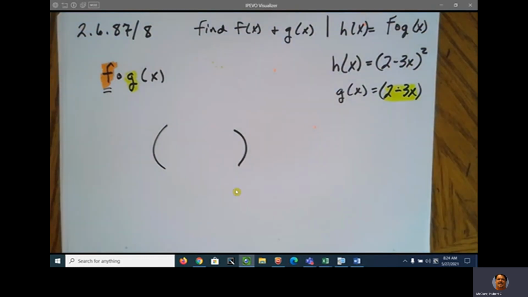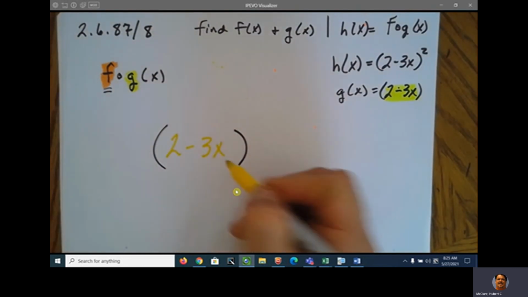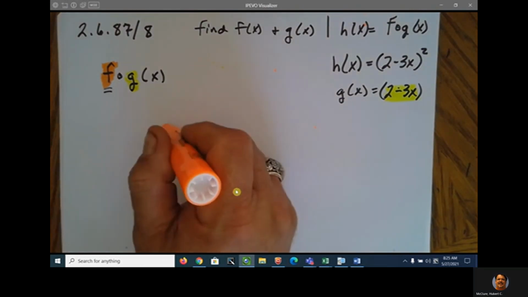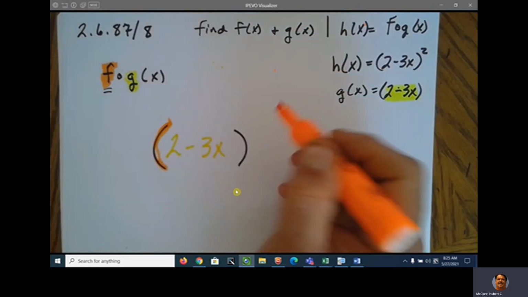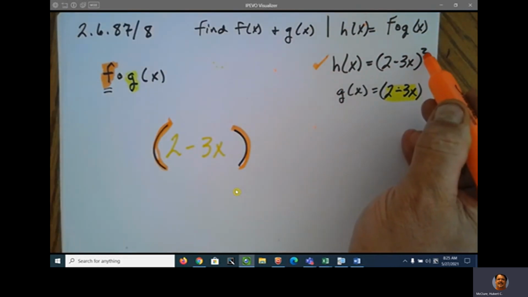Well, if I plug 2 minus 3x in here, the only thing I need for the orange part to make it look like this is a square.